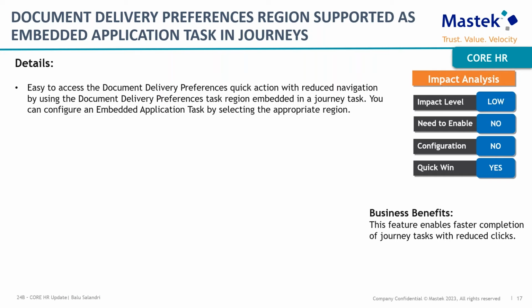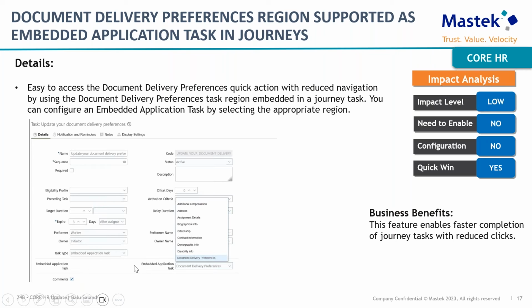A feature in the same area, now the document delivery preferences region is also supported as embedded application task in the journeys. So task type can be selected as an application task and the application task will be document delivery preferences.